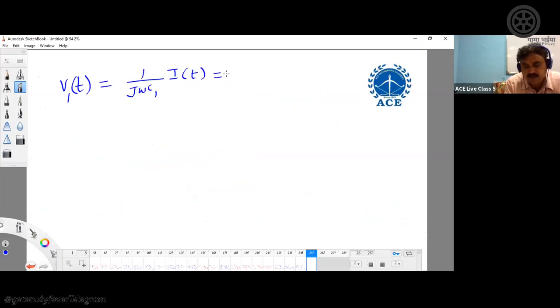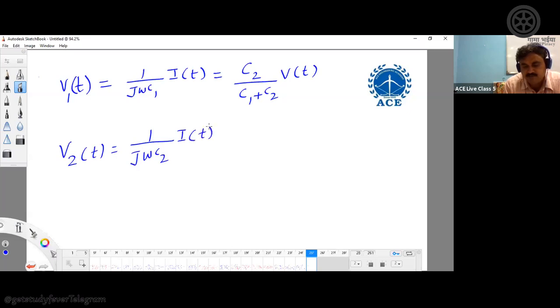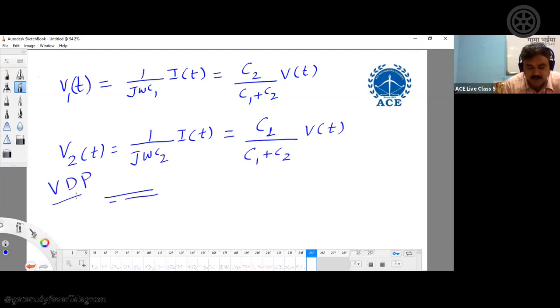If you substitute the I of t formula you will get C2 divided by C1 plus C2 into V of t. Similarly, if you want to find V2 of t, this is the impedance of the second capacitor, 1 by j omega C2, multiplied by current. If you substitute the formula for current, you will get C1 by C1 plus C2 into V of t. That's all. So this is the voltage division principle applicable to capacitors connected in series.